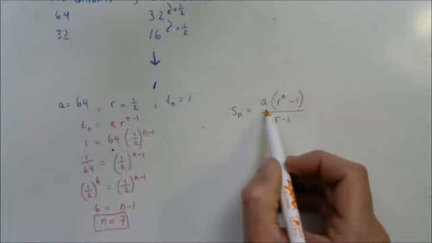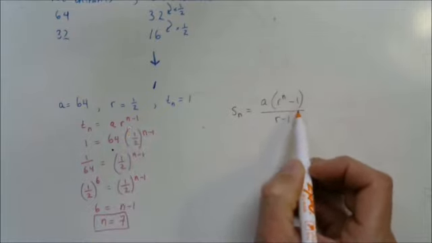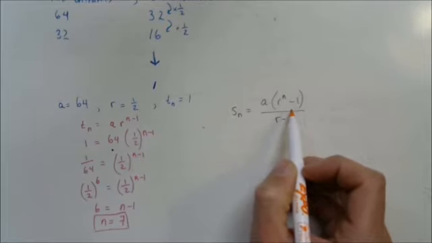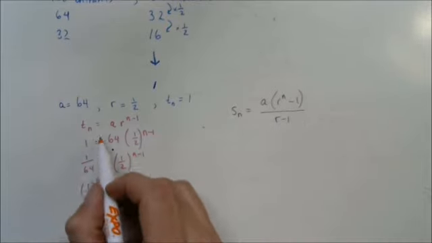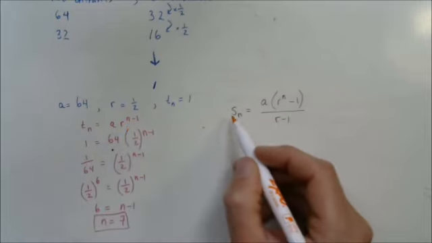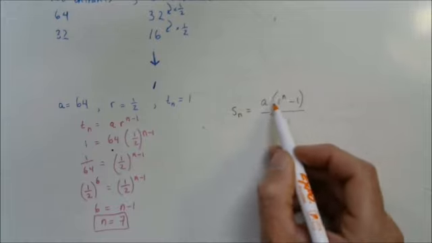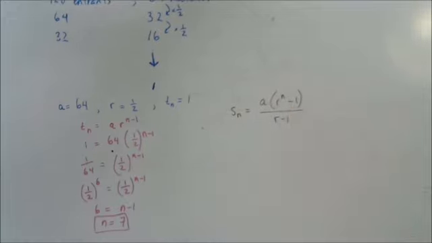And this one is a times r to the power of n minus 1. You can say it the exact same way, but they're actually very different, okay? For the general term, n minus 1 is the exponent. For the sum of the first n terms, n is the exponent, and then you're going to subtract 1, okay? Try very hard to keep that straight.